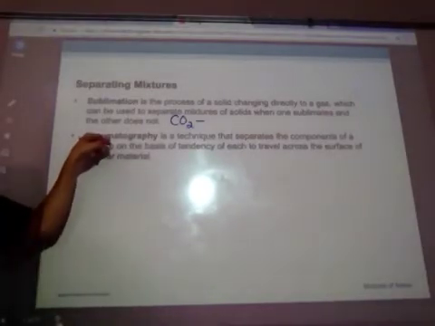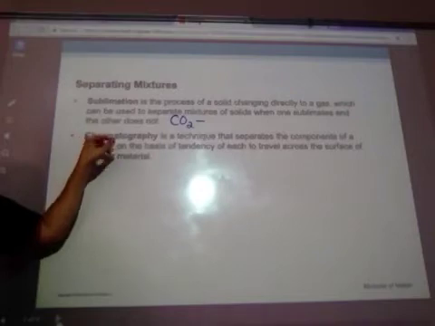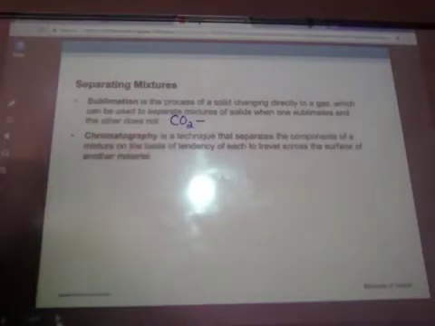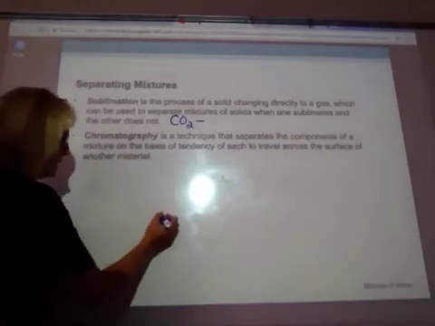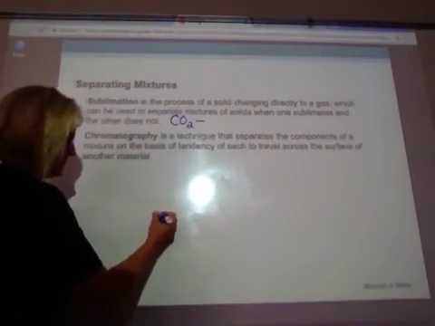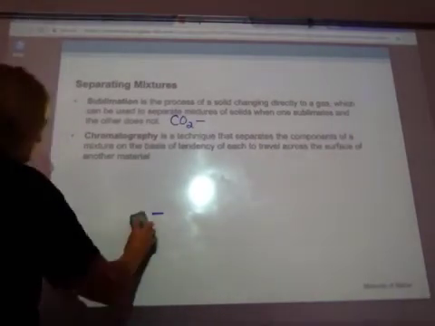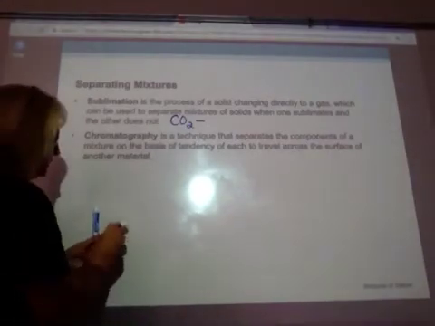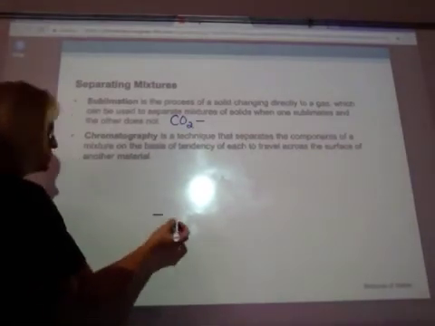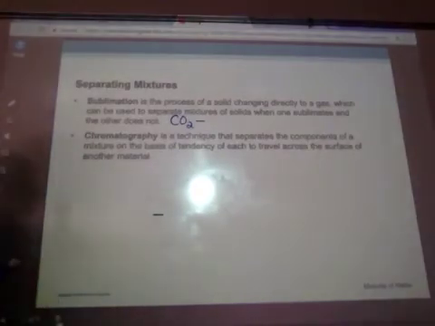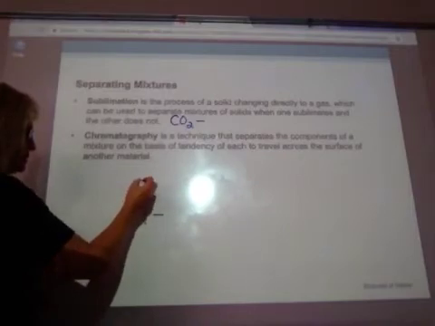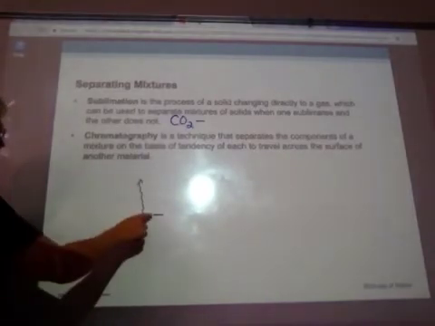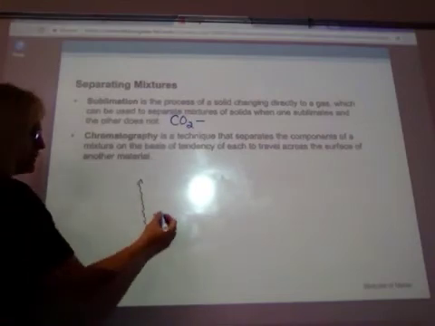And then chromatography, forensics, we do this. It's a technique that separates the components of a mixture based on how they travel. So I can take a black marker and I can make a line on a piece of filter paper, put it in some rubbing alcohol, and as the rubbing alcohol soaks through that paper, it will separate that ink into all the different colors.